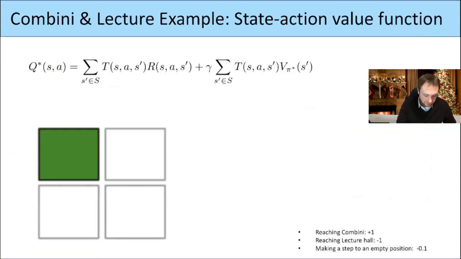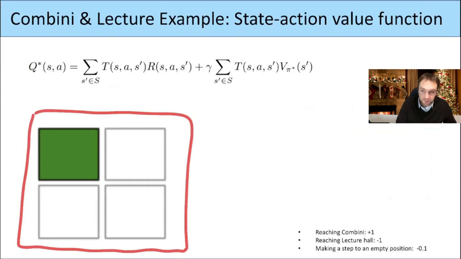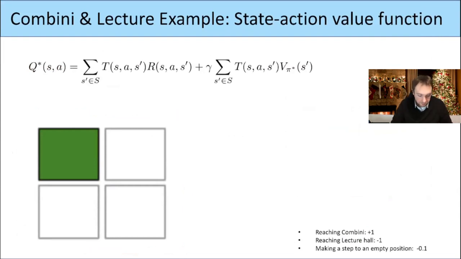So let's take a smaller example. Let's say we just have these 4 states, and one of them is a combini. In this case, maybe let's give them names S prime, S2 prime, and S3 prime. So we have 4 states, and we still have the same actions.